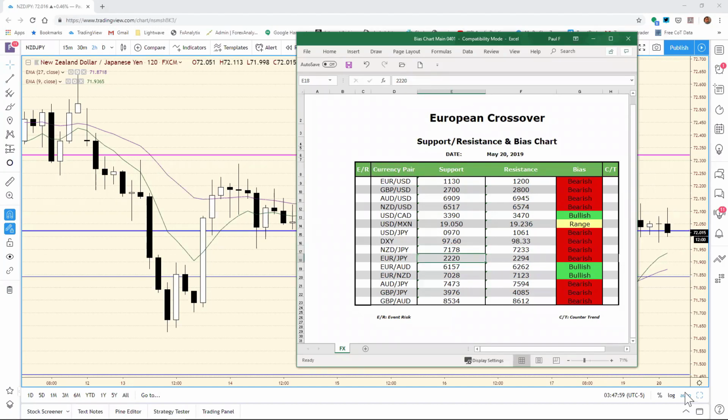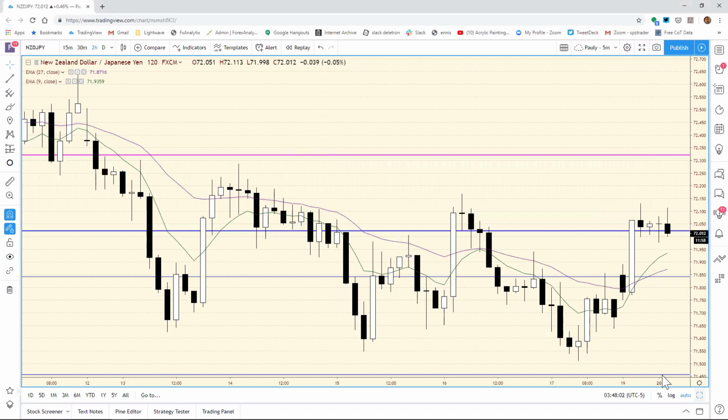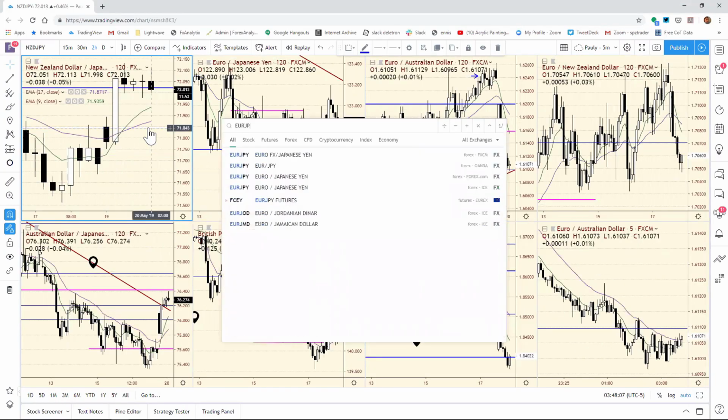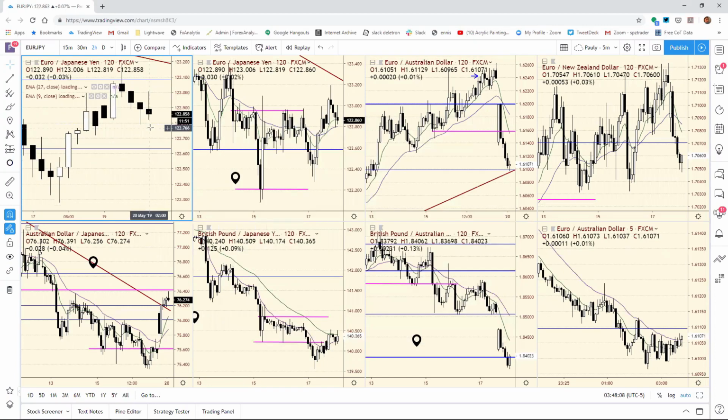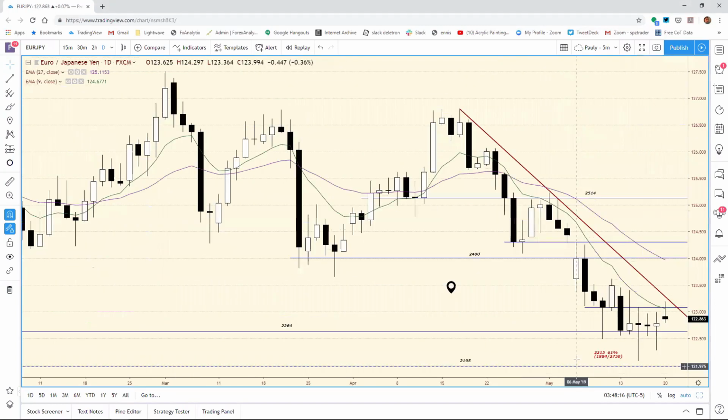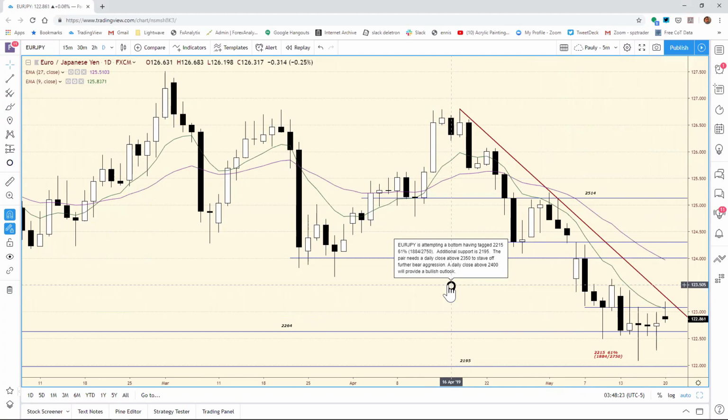And let's move into the euro yen. The euro yen is attempting a bottom, having tagged the 22.15, which is a 61%. You can see that right there. Additional support is 21.95.